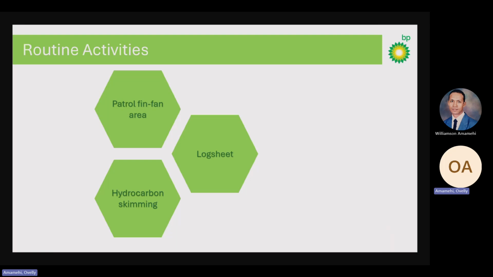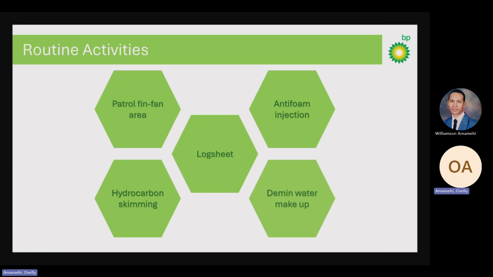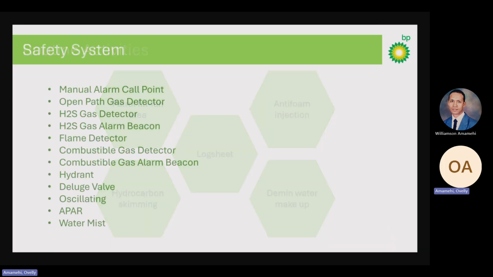We have to do these activities every day. So this is the daily activity. And the third is lock set. With these activities, we have to make sure that the process is in normal operation, and anti-foam injection. These activities are based on request by CRT, and Demin water makeup is requested by CRT.